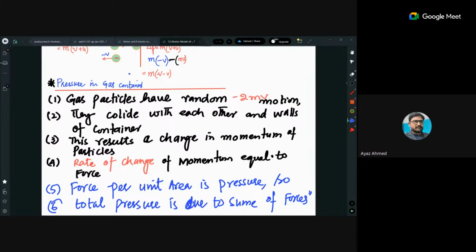The change in momentum per unit time equals the force produced. Agreed? And force per unit area equals pressure. There is not a single particle, there are several particles, so the total pressure is due to the sum of all the forces. Is this clear to everyone?